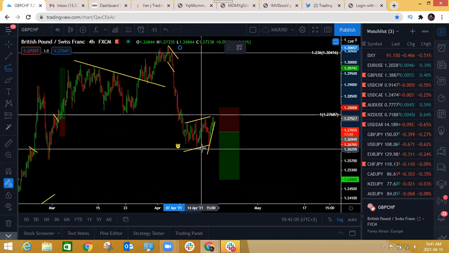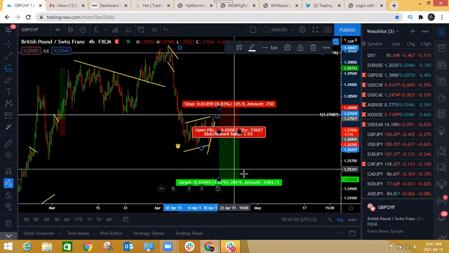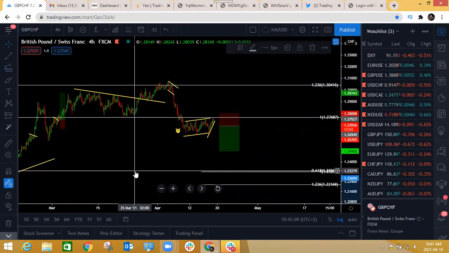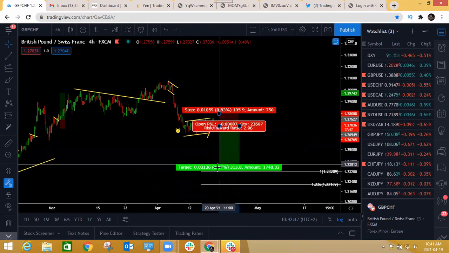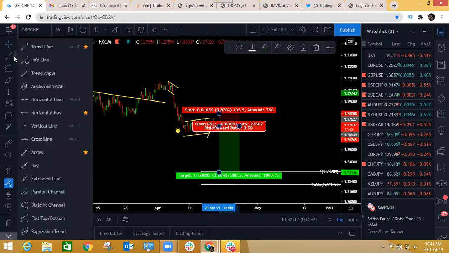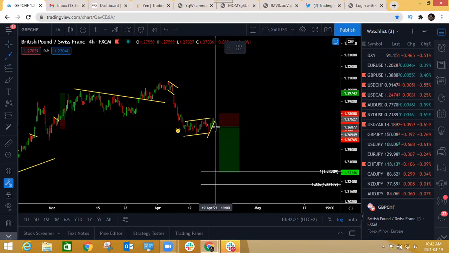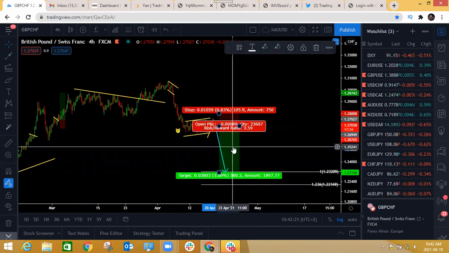So the target is here, at the blue box. When this closes, we'll look for this to run down the blue box.